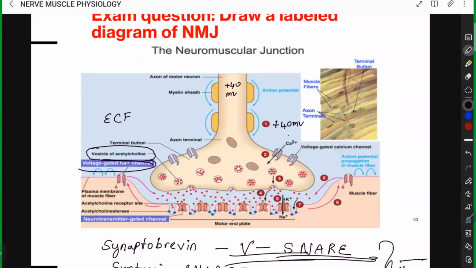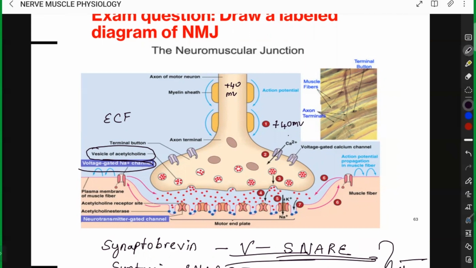So whatever you read, try to make it clinically based, because that is what is expected by the NMC curriculum, NMC pattern. So all these orders of arrangement: first this step has to occur, then the voltage gated calcium channel, then synaptobrevin, syntaxin, then the vesicle is going to undergo exocytosis, then there is going to be a ligand gated sodium channel, then voltage gated sodium channel, then the calcium channel.